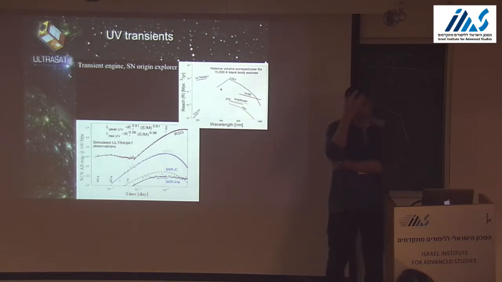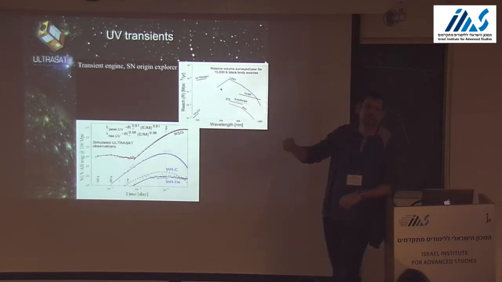Yes? Does this not take dust extinction into account? Yeah, it does. It does in the following sense. For example, when we calculate the number of supernovae that we are going to observe, this is exactly why we did this GALEX pilot thing. We are using statistics from UV observed supernovae that have already been extinguished by dust, if it's there or not, to calculate this.